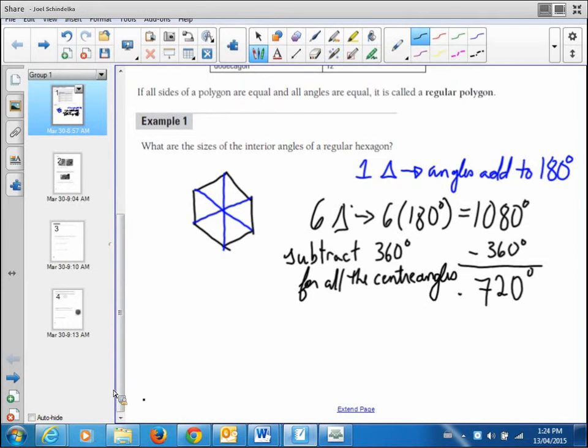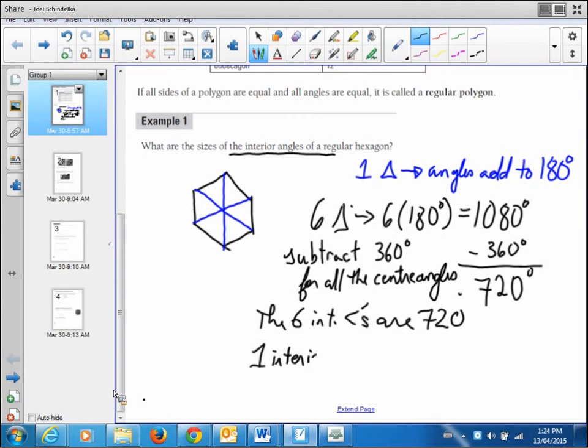So, the 6 interior angles make 720, so we've got to do some division. The 6 interior angles are 720. So then, the measure of one interior angle is equal to 720 divided by 6, and then, as you mentioned before, that's 120.